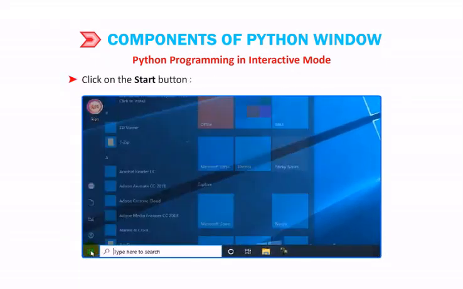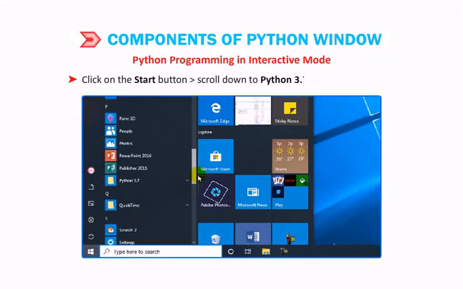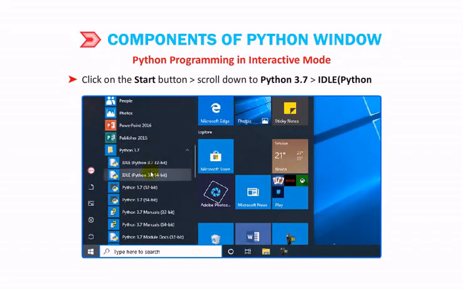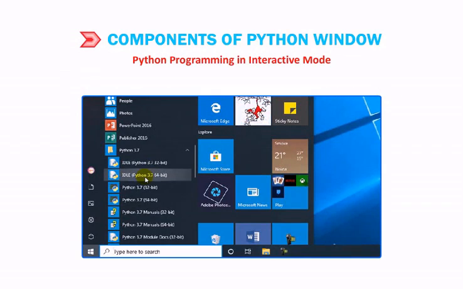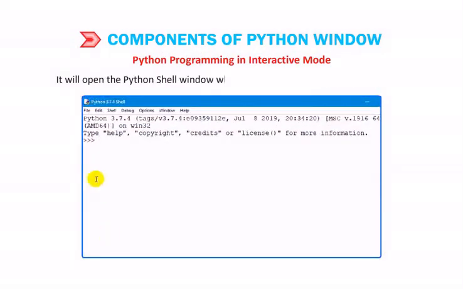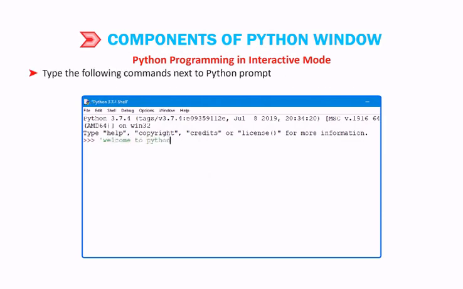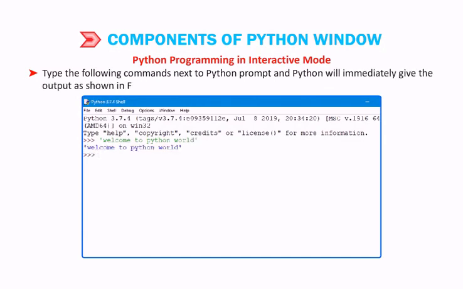Click on the Start button, then scroll down to Python 3.7, then IDLE Python 3.7. It will open the Python shell window where you will see the Python prompt. Type the following commands next to Python prompt and Python will immediately give the output as shown in figure.